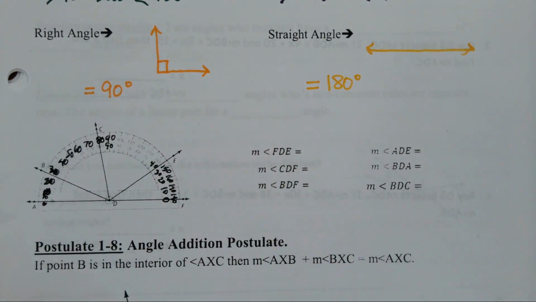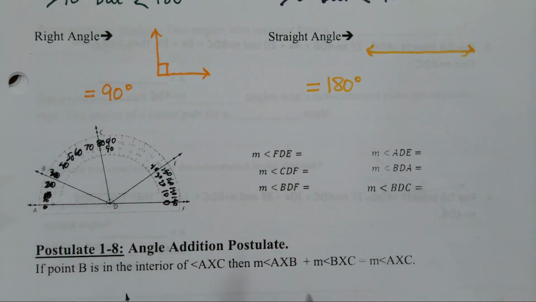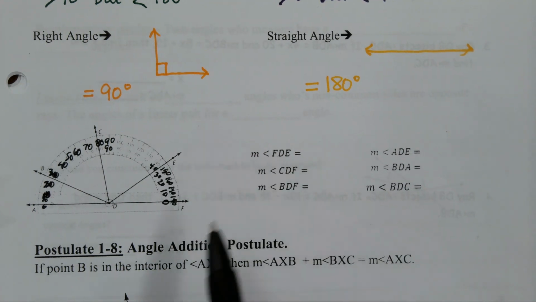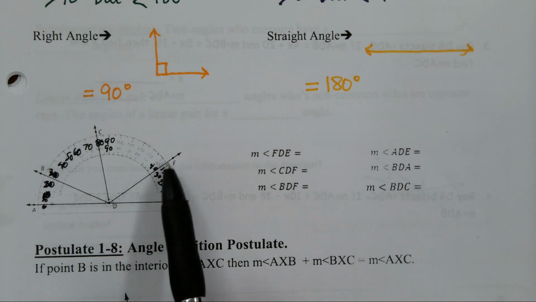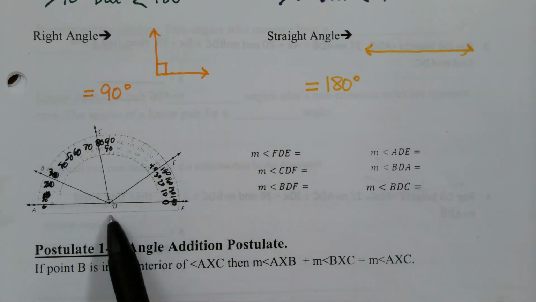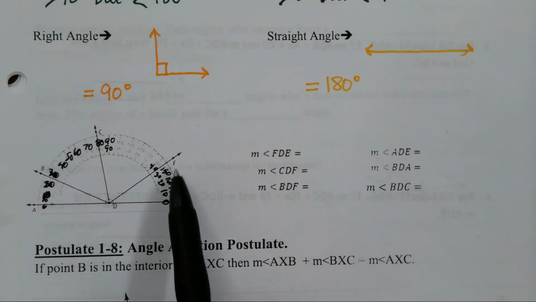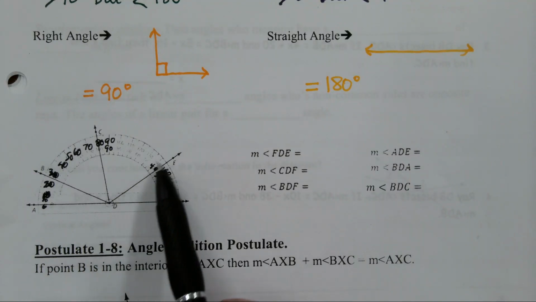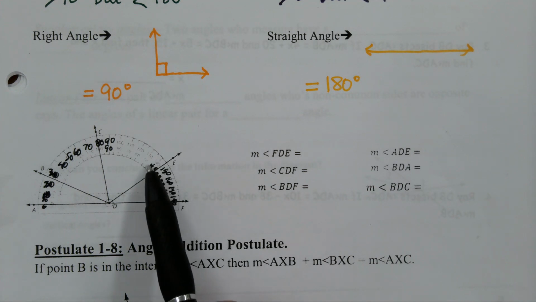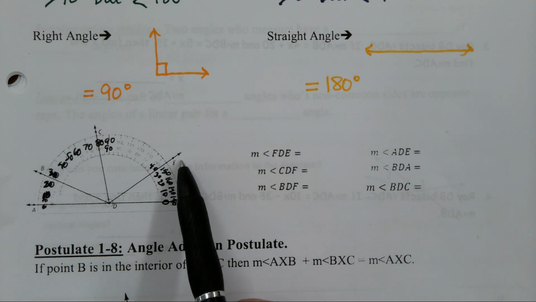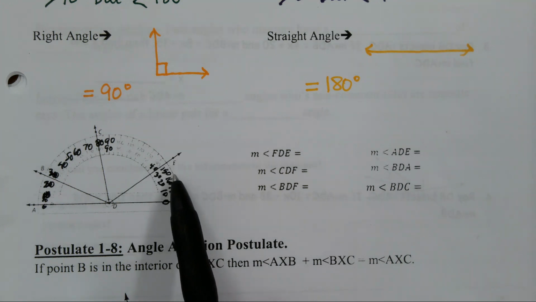Okay, each little tick mark in there. So if I'm measuring angle FDE, can we approximate that? It's going to start at 0, and then the line that goes through F cuts through somewhere between 30 and 40, not between 150 and 140.